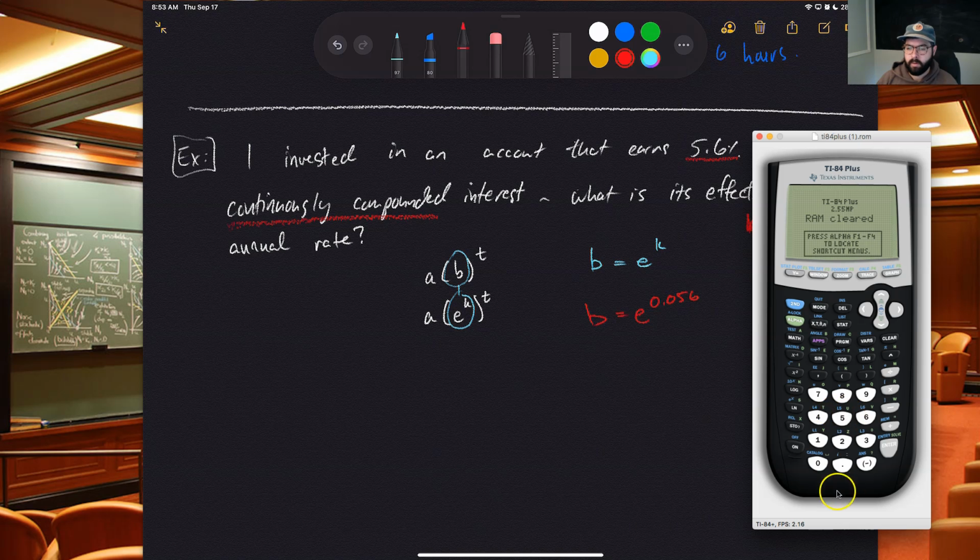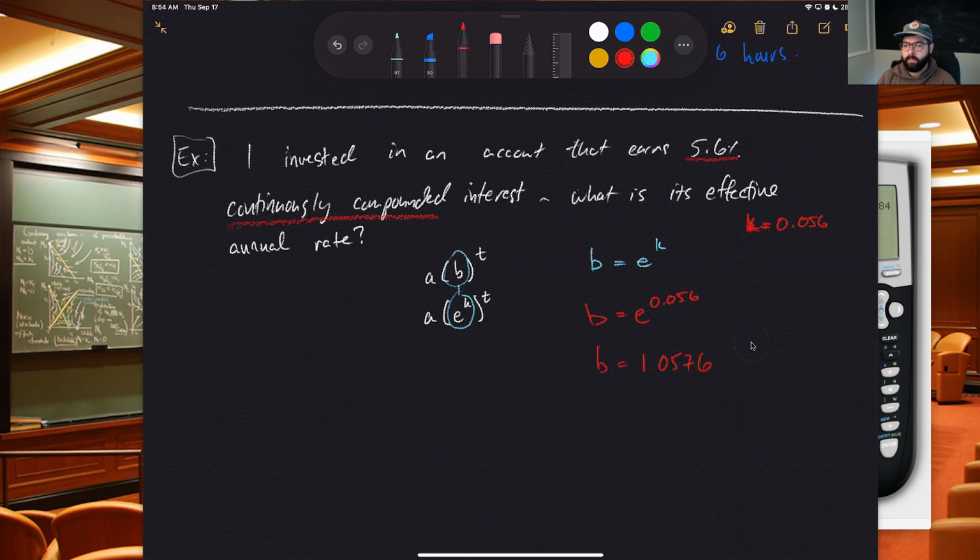So we pull up, all right, what's e to the 0.056? This is equal to b, and so that b is 1.0576. And so what does that tell me about the effective annual rate?